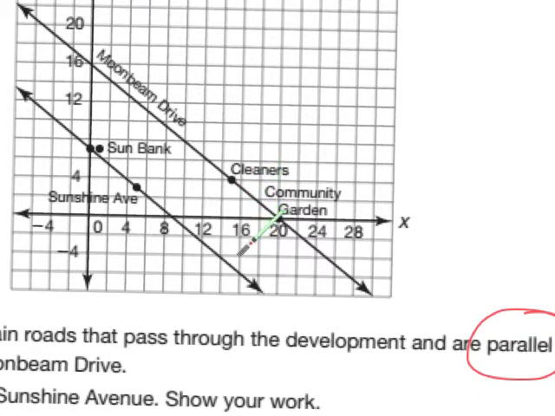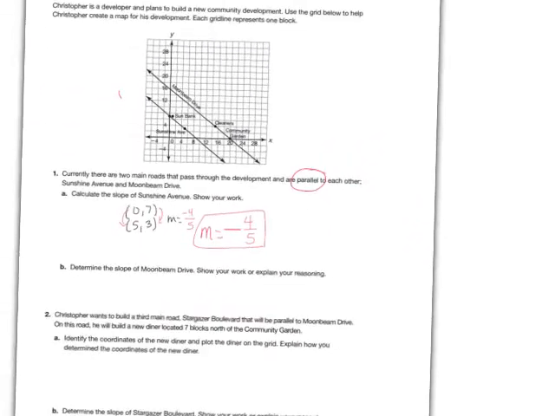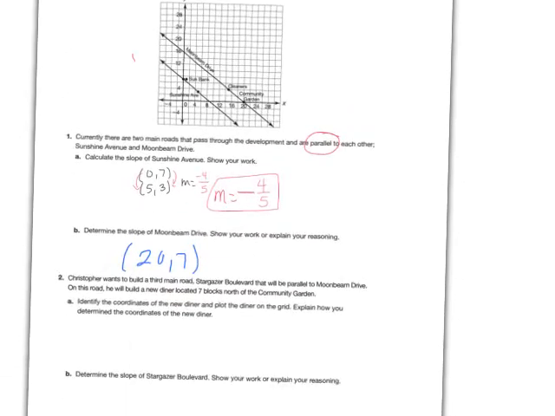Okay, straight north, assuming that up is north. So that would be 20, 7. My reasoning is that only the y's went up by 7. Oops, that was supposed to go down here, my bad.